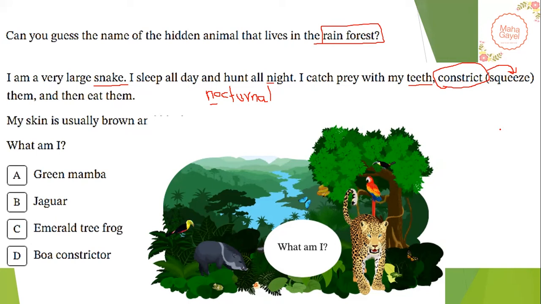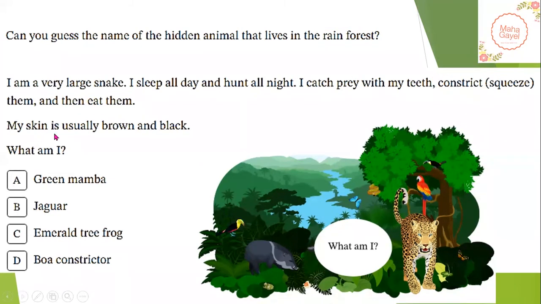So constrict means squeeze. I catch the prey with my teeth and constrict or squeeze them and then eat them. My skin is usually brown and black. So what am I? Wait a minute. Here we have some important information. Constrict, nocturnal, and snake. His skin is brown and black.